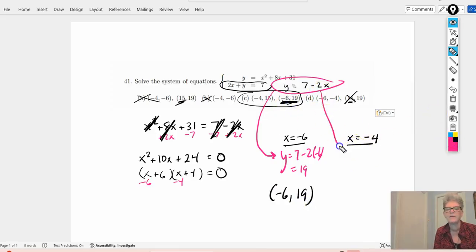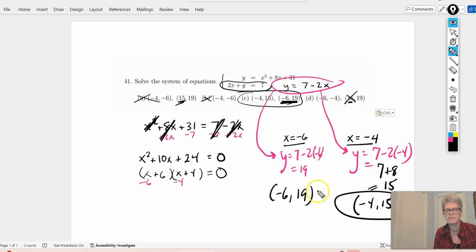And then if I do the same thing here, y is going to be 7 minus 2 times x, and my x is -4. Then I'm going to have 7 plus 8. And so I get the point -4 comma 15.